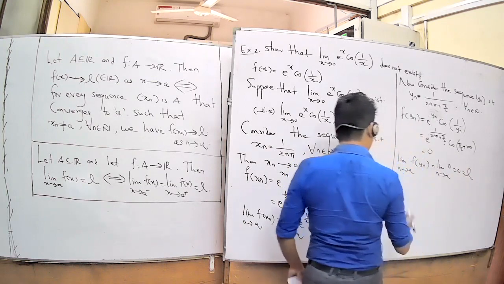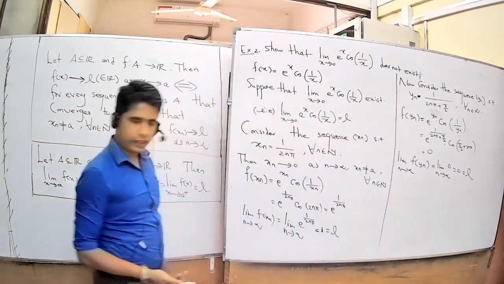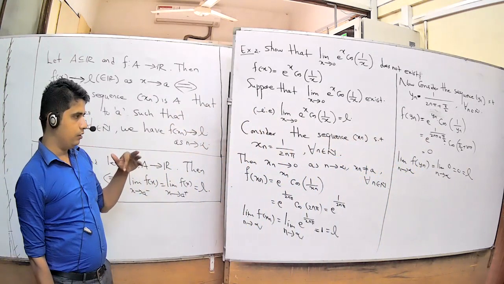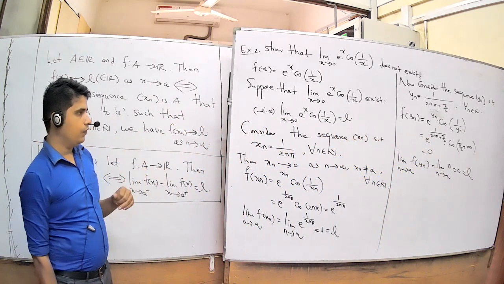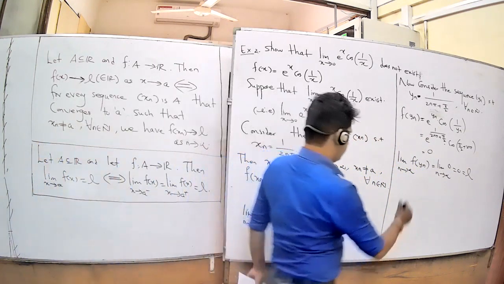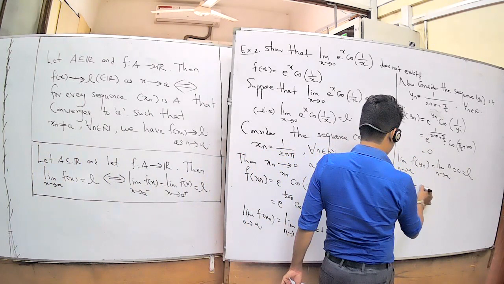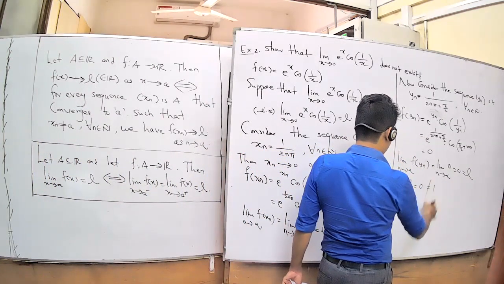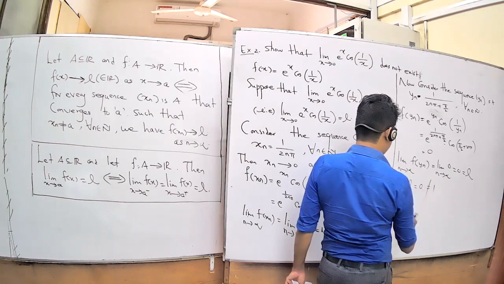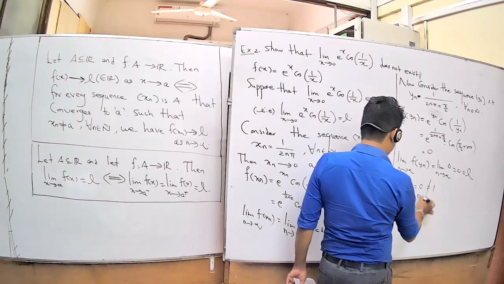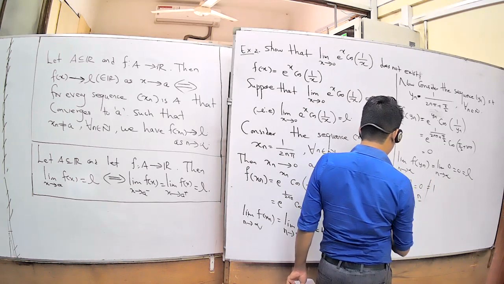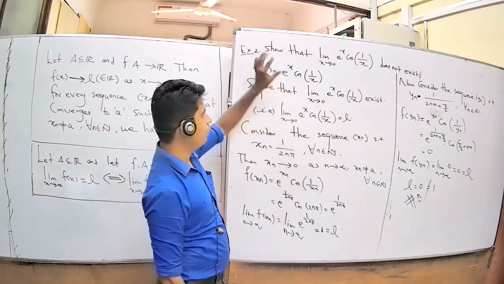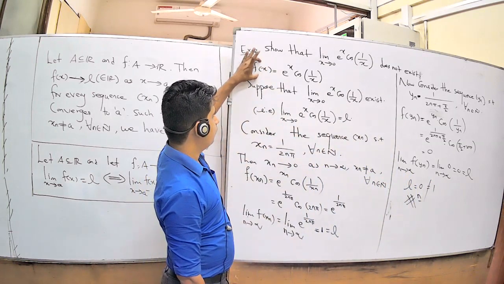I already told you, the limit is a unique value. Therefore, for a different sequence we found two different limit values, L equal to 0 and 1, but the limit is unique, which means both should be equal. Here they are different, therefore it is a contradiction. We assumed that this limit exists, but we arrive at a contradiction, therefore this function does not have a limit.